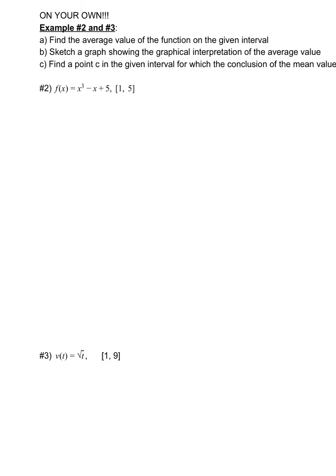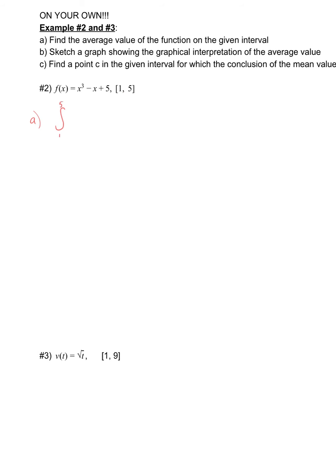We are given just a function here. So we're going to be finding average value. Remember, if you're just given a function, you find average value. If you're given a velocity, you find average velocity. So for part A, let's go ahead. Remember, for average value, we have on top a definite integral. My endpoints are from 1 to 5. So 1 to 5.